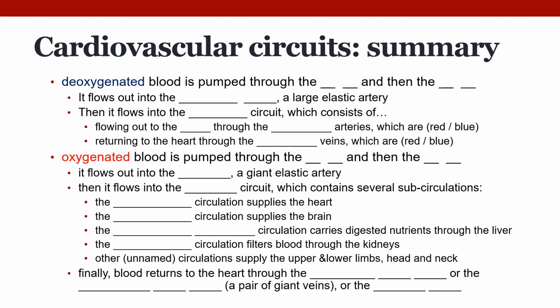So in summary, deoxygenated blood is pumped through the right atrium and then the right ventricle. It flows out into the pulmonary trunk, a large elastic artery.